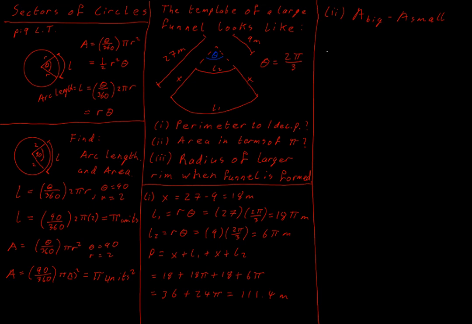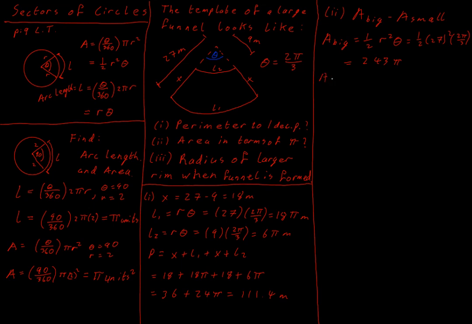So when we do that, area big is going to be, write down our formula again in radians version, half times 27 squared times 2 pi over 3, being equal to 243 pi.